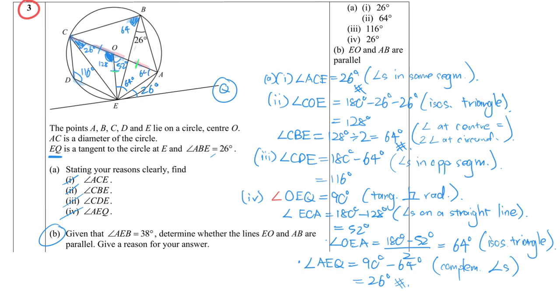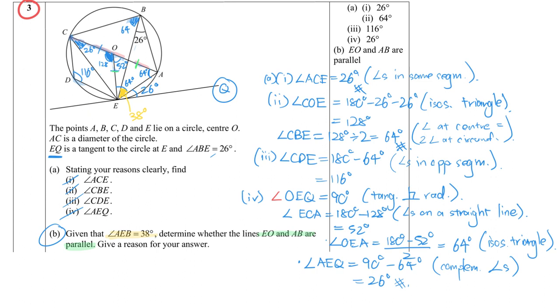This is 64 as well. Okay. Now, new info. Let's put it in yellow. AEB, really small one. The one in yellow is 38. Okay, this one. 38 degrees. Determine whether lines EO and AB are parallel. When you say determine, it means I have to prove and I have to show. Check with values to justify.